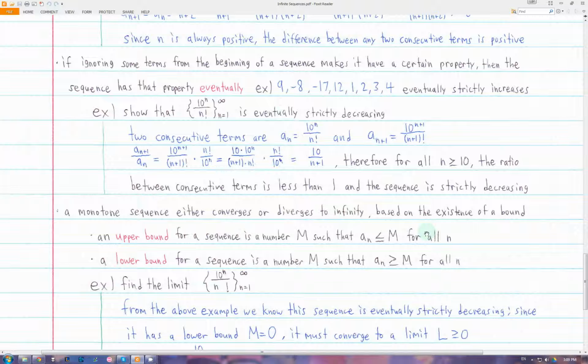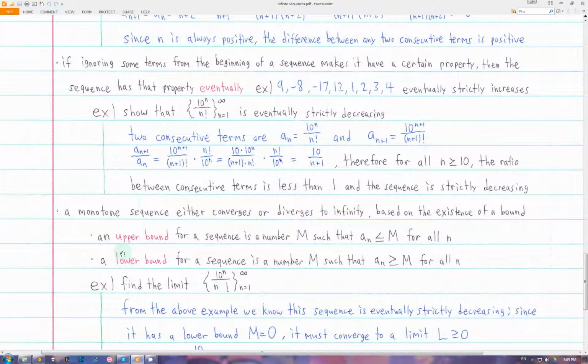So for an increasing sequence, if there is an upper bound such that the sequence is always less than that upper bound, then that means the sequence must converge to a limit, and that limit is less than or equal to the upper bound, because it never passes that. And if there is no upper bound on an increasing sequence, then it must diverge to positive infinity.